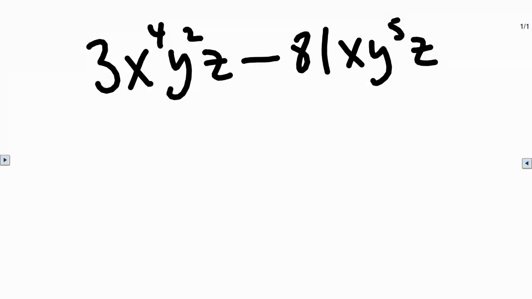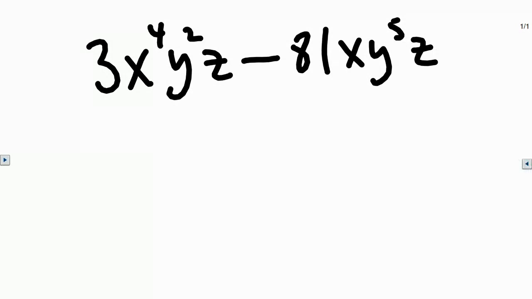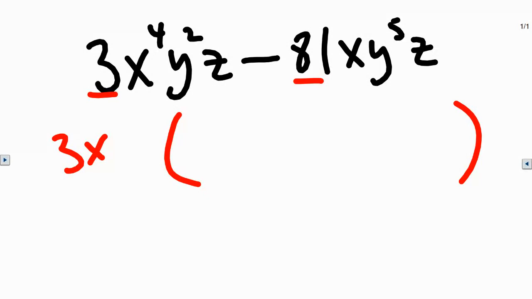I would first look for a greatest common factor between the two terms and then factor that out and then see what's left and see if it's a binomial that factors. Well, of course, this one is, because I just made it to do that, right? 3 goes into 81. So we can say there's a 3 that's coming out. And there is at least one x in each of these terms, so I can take one of the x's out.